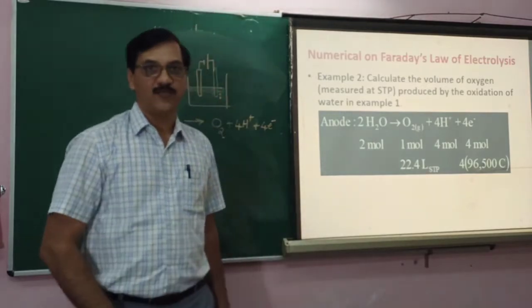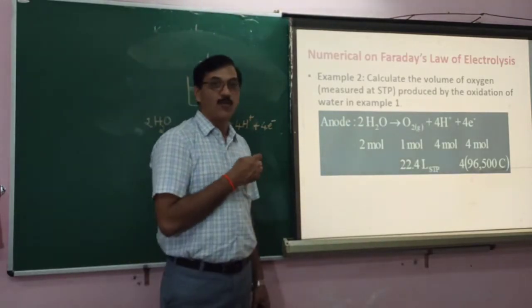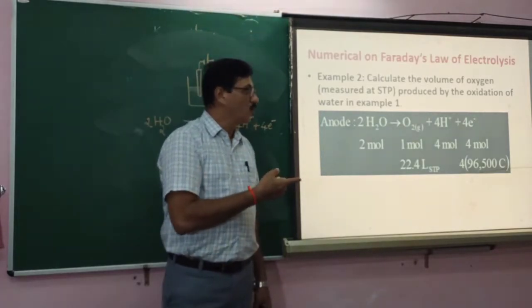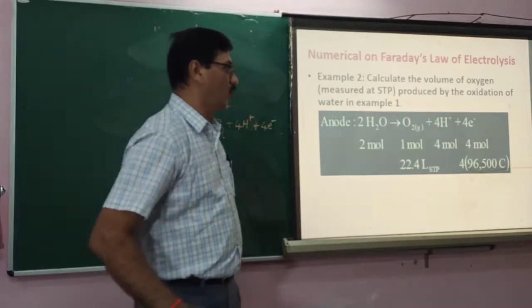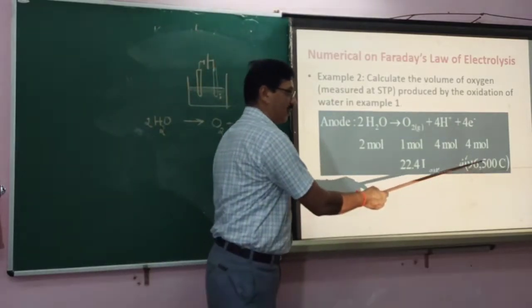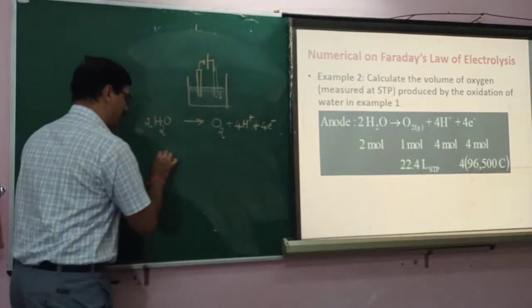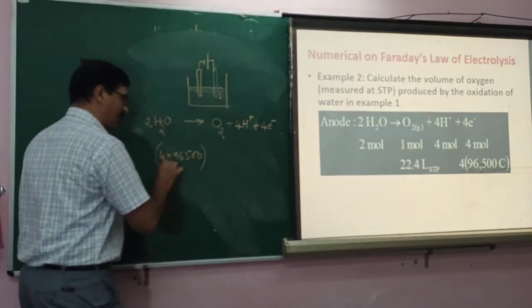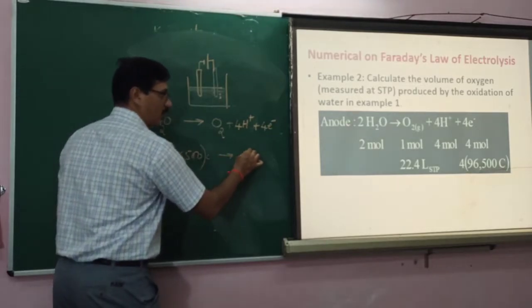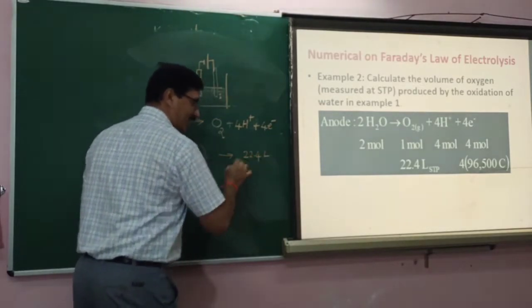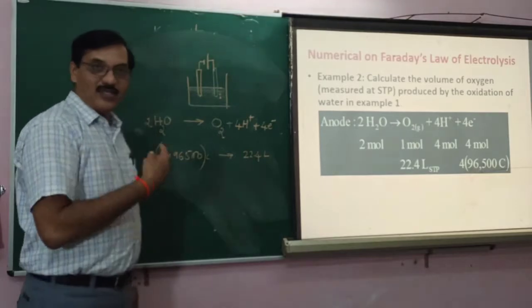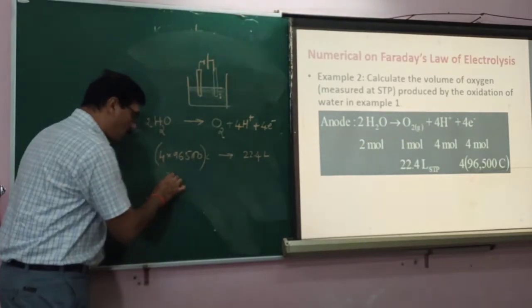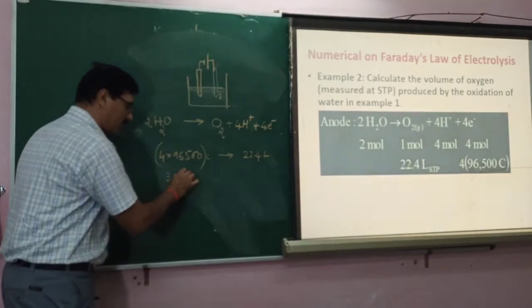So when 1 mole of O2 is to be produced, we need 4 into 96,500 coulombs of charge. 4 into 96,500 coulombs of charge is required to produce 22.4 liters of oxygen.